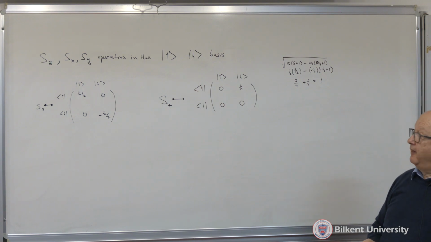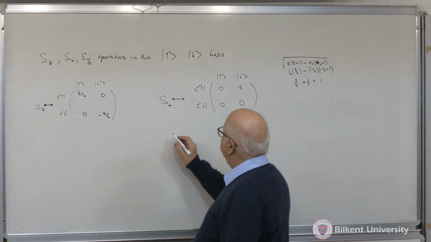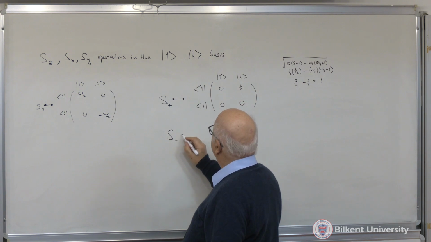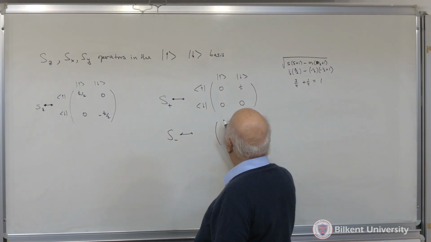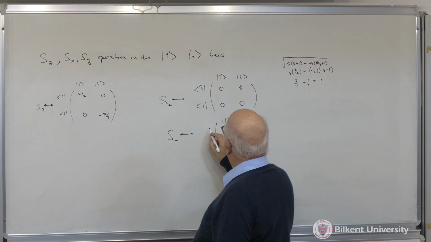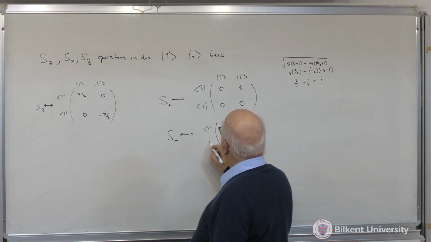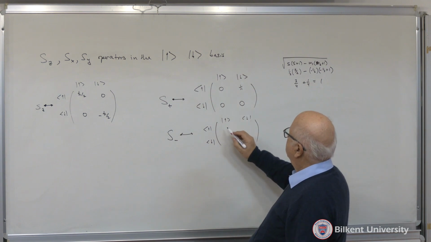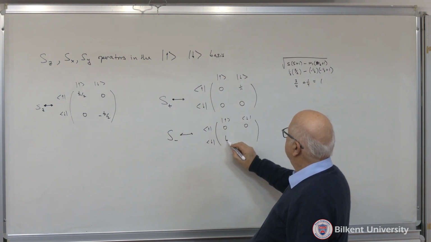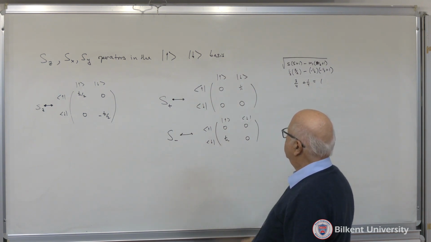Okay. So what about S minus? Same sort of thing. Up, down. It's just the adjoint operator, so 0, 0, h bar, 0. That's a good way to do it. It's the adjoint. So we should get h bar 0.